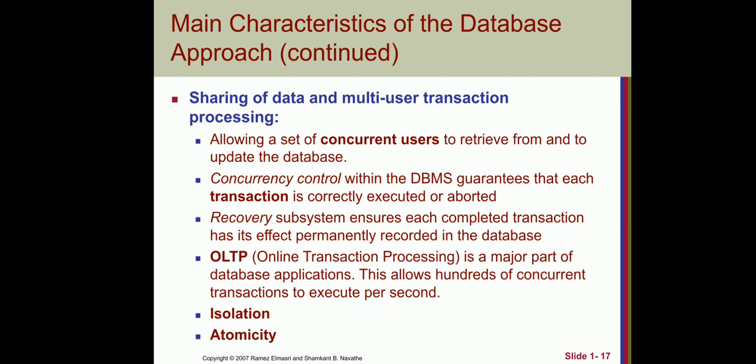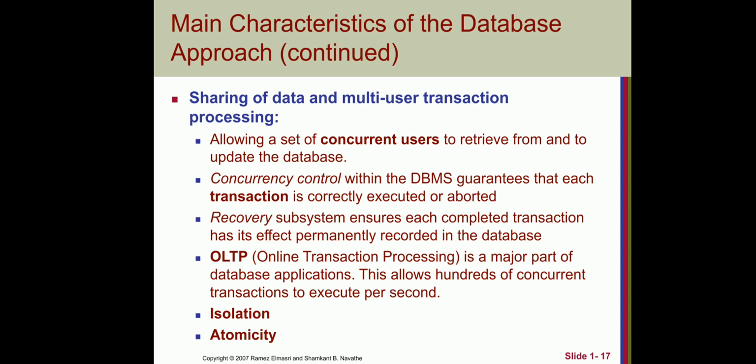Here, if the transaction is not fully completed, then it is rolled back to the previous stage. If the transaction is executed fully, then it will be stored in the database. Permanently the data is going to be stored in the database. This is how concurrency control is possible because of the DBMS.